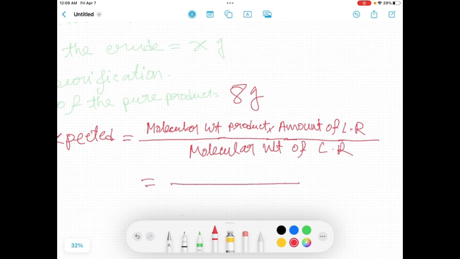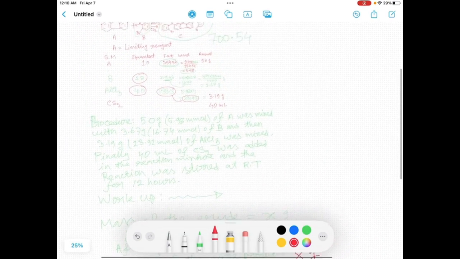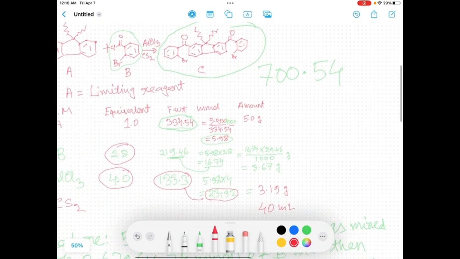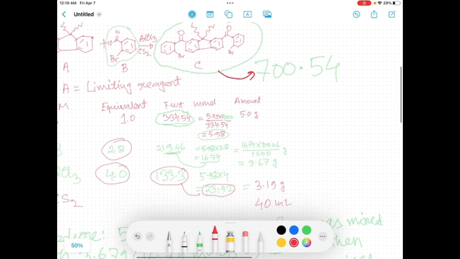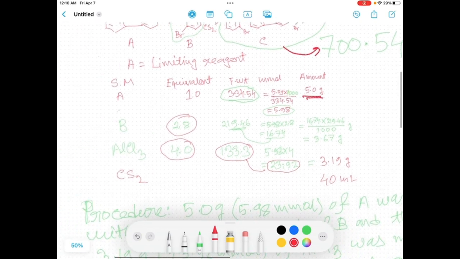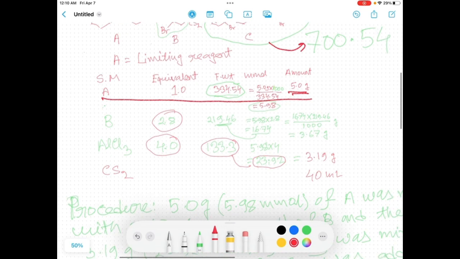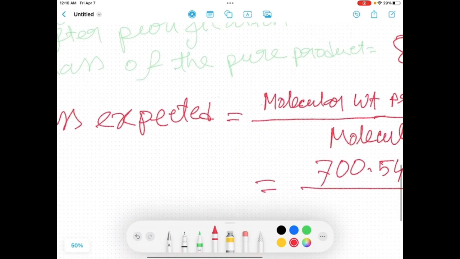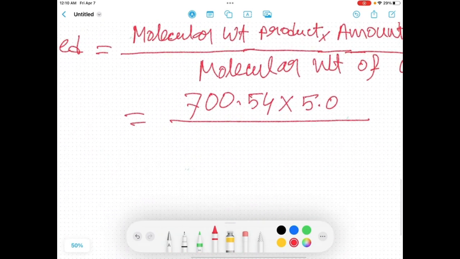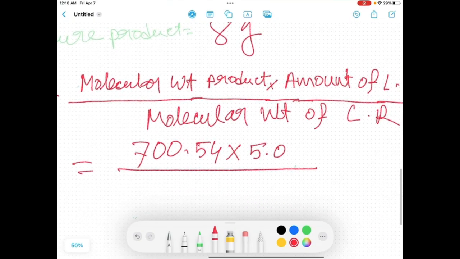So here the molecular weight of the product is 700.54, times the limiting reagent was used as 5 gram. If you see here, this molecular weight is 700.54 and the limiting reagent used was 5 gram, like A. So here you can put that information.